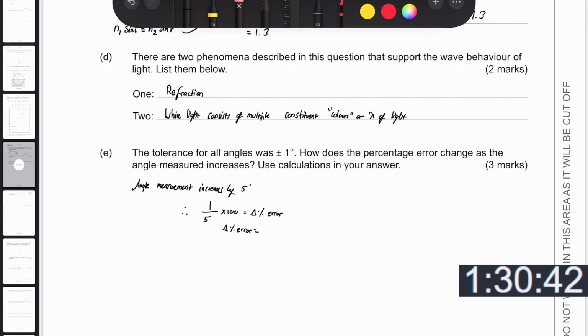Divided by 35 times 100 is 2.86. 40 is 2.5. 2.2. 2.18. How does the percentage error change as the angle measured increases?